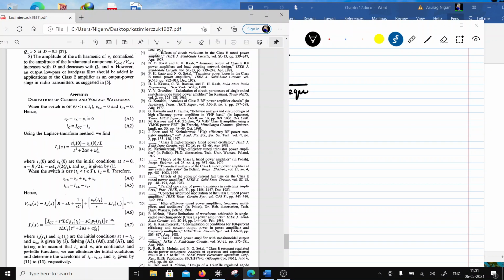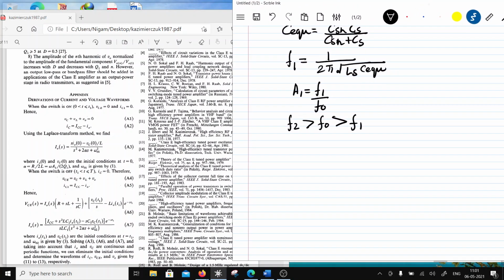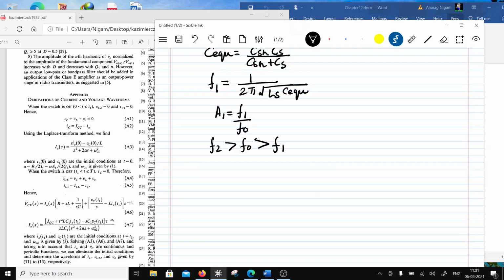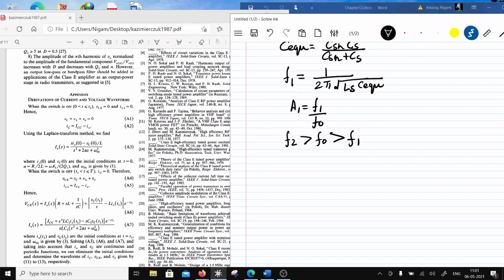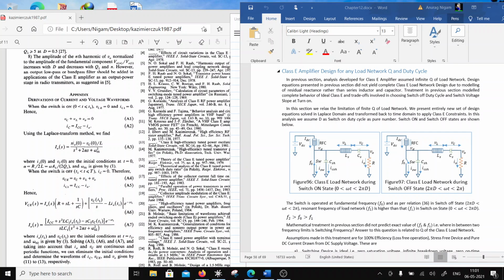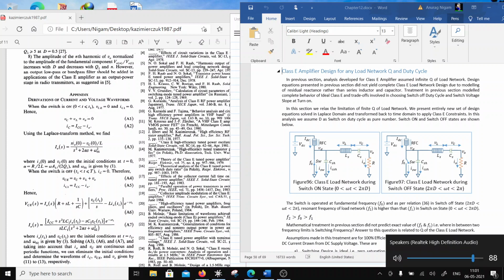Under the on condition, the summation of voltages, VO plus VC, the voltage across the series cap, and VL, the voltage across the series inductor, is going to be 0, because the switch shorts this node.